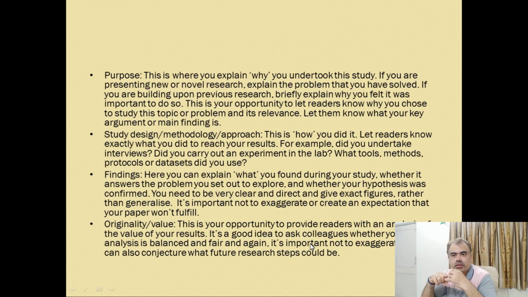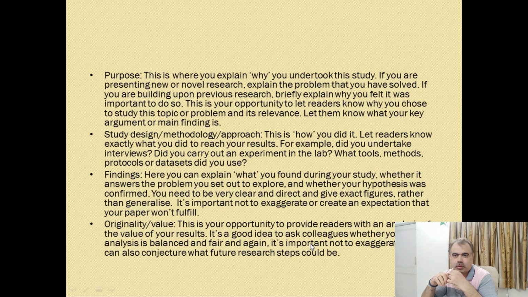Basically this is what we call organizing the abstract into these 4 categories: purpose, methodology, findings and originality value. This is what we call a structured abstract, and most journals accept it. I know Emerald is one of the most important journals. They have very good journals in SCI and Scopus.